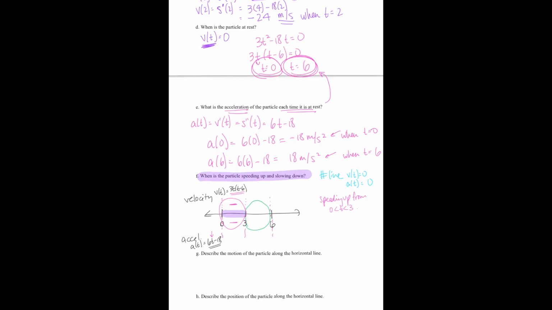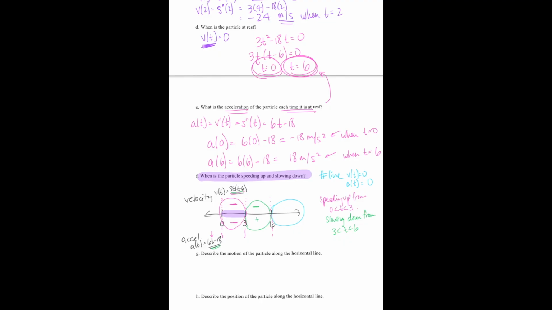Okay, let's look at the next time interval from 3 to 6. So in here, I'm going to pick 4. I'm going to plug it into the velocity function and get negative. I'm going to plug it into the acceleration function and get positive. That means the particle is slowing down. Slowing down from 3 to 6. And then from 6 on, let's plug some number in there.